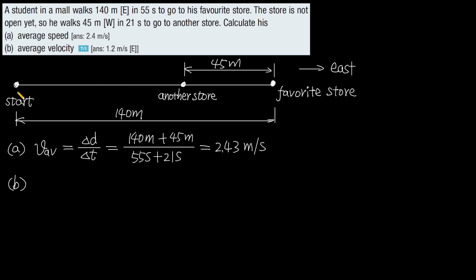And question B. He starts from his start point and ends at another store. So his displacement delta d equals 140 minus 45 meters and to the east. So this is his displacement, and this equals 95 meters east.